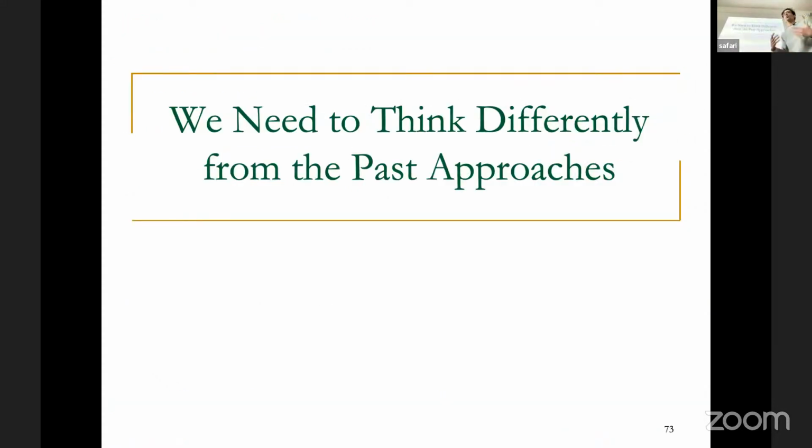Now, the thing is, we want to create compute-capable memories. We want to design systems that handle data more efficiently. And in order to do so, we need to think differently from past approaches.